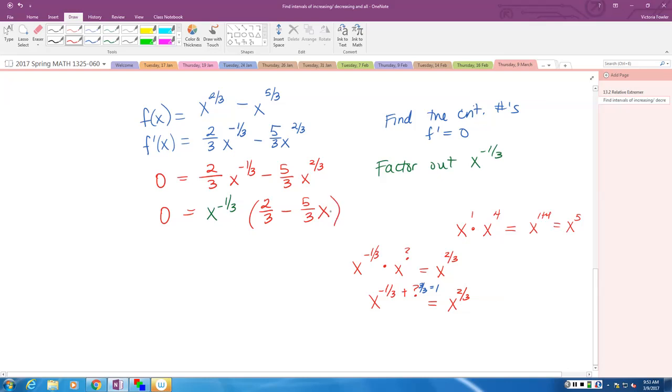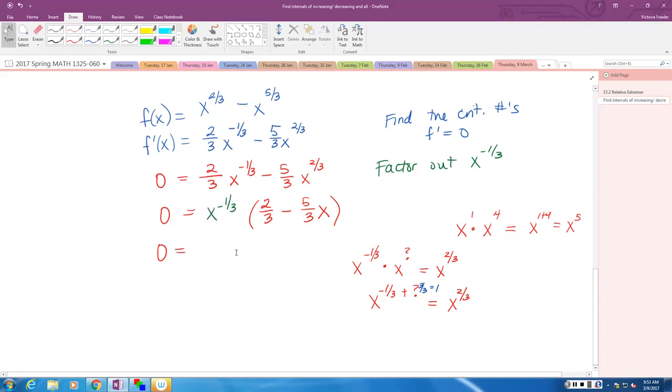You can factor out anything. It's just that you have to make sure that when you check it, it's the same thing you started with, right? Okay, so I'm doing this again just as you will see in the homework or in the book. How can I rewrite the negative exponent?